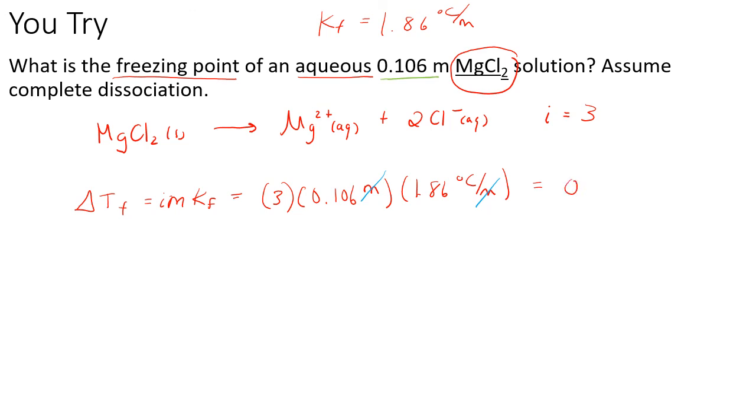And so we end up getting, for our change in our freezing point, 0.591 degrees Celsius. Now that's not our actual freezing point. Our actual freezing point is taking the freezing point of the pure solvent minus the delta T_F, because that's how much it's going to drop by. And so since our pure solvent is water, that would be 0 degrees Celsius minus our change in our freezing point, 0.591 degrees Celsius. So our final freezing point is negative 0.591 degrees C.